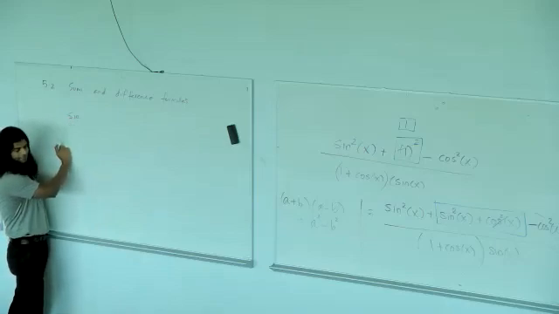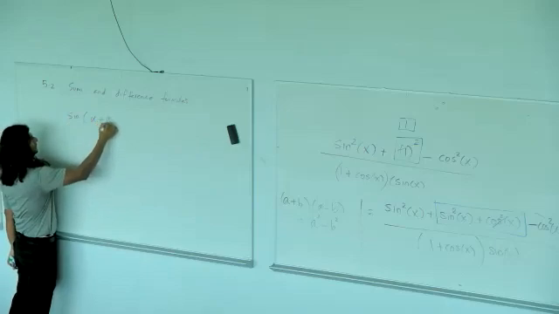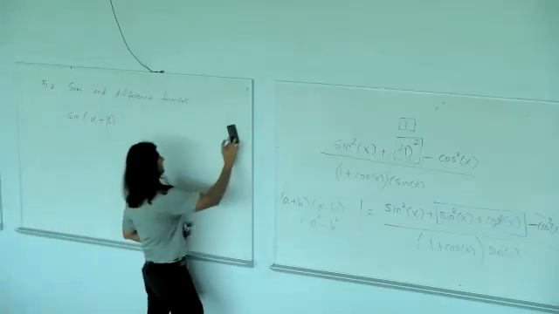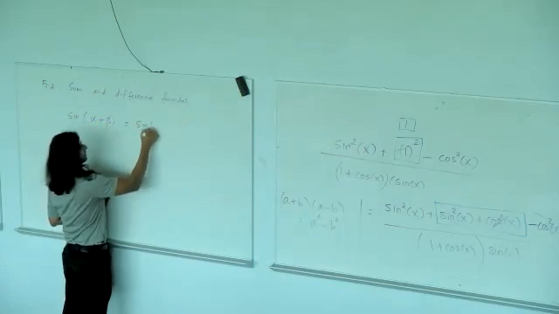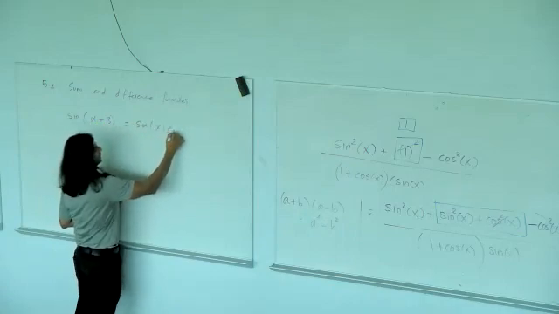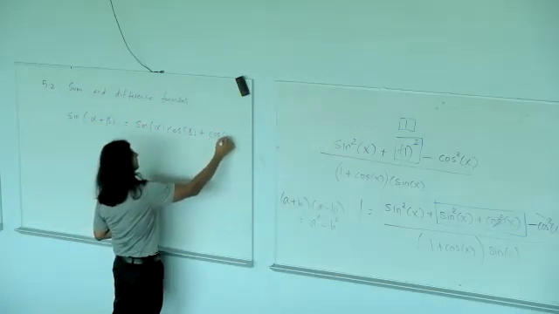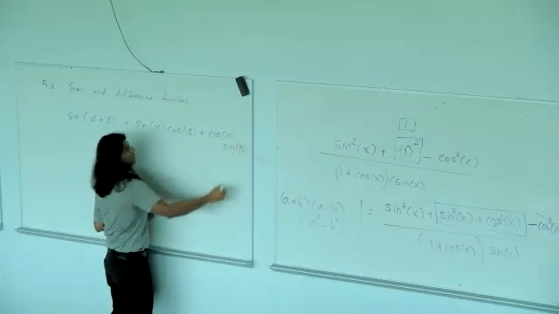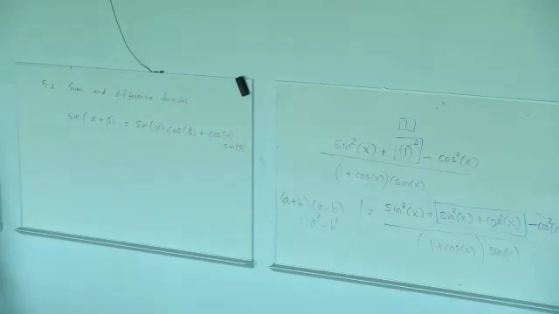We use alpha and beta for these. Sine of alpha plus beta is sine alpha cosine beta plus cosine alpha sine beta. This is an expression that is true.